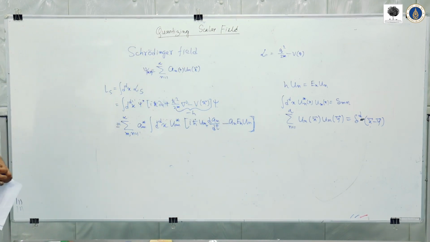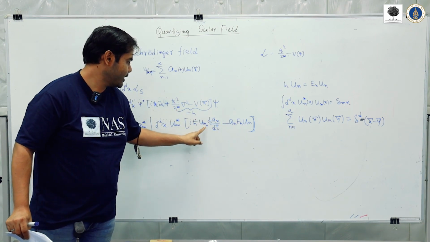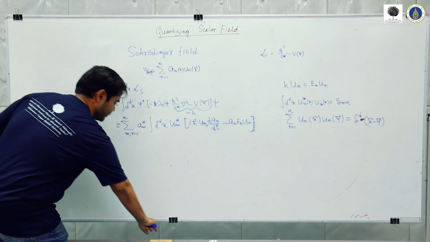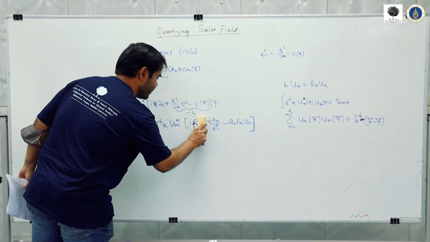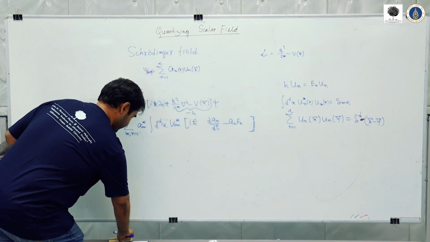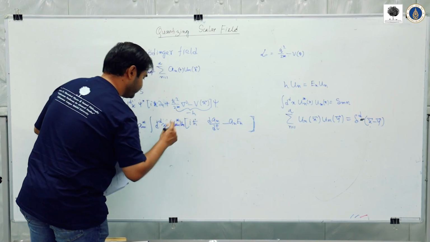Okay. And that means from both the terms you can take u_n out. So if u_n comes out from here, we can write it here.